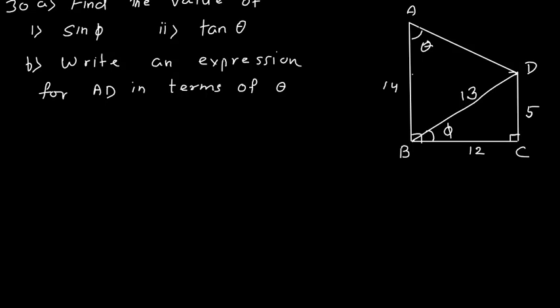For angle theta, the opposite side is BD and the adjacent side is AD. Here they must mention that this angle is also 90 degrees, because we calculate sin, cos, tan etc. in terms of 90 degrees. So this angle is 90 degrees. Then only I can find the value of tan theta, right?